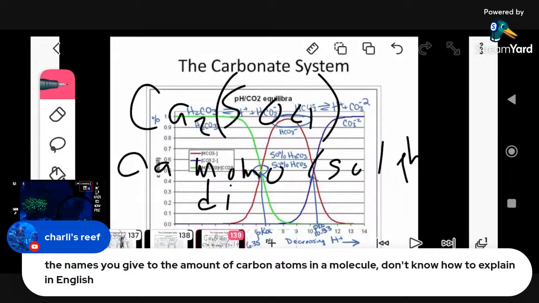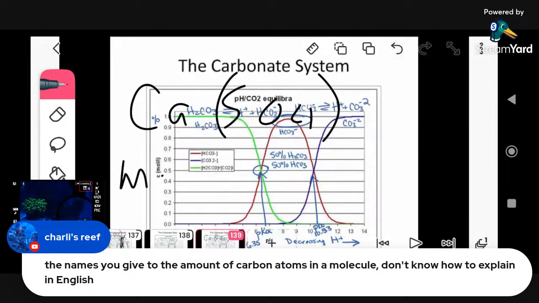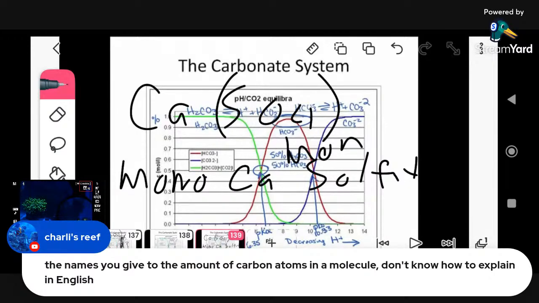Oh no, that's a lie. It'll be mono. Or you could call it monosulfate, okay? So you get what I'm saying. Let's call it monocalcium monosulfate, okay?